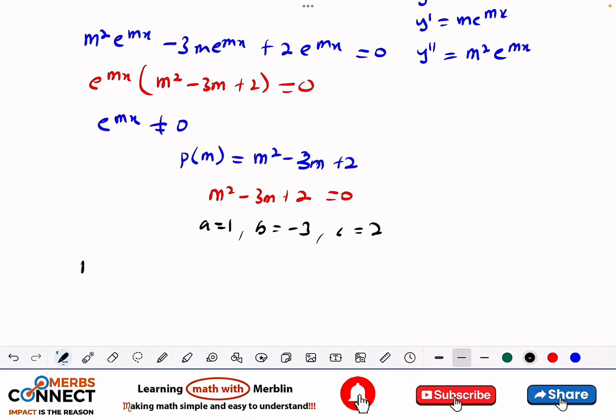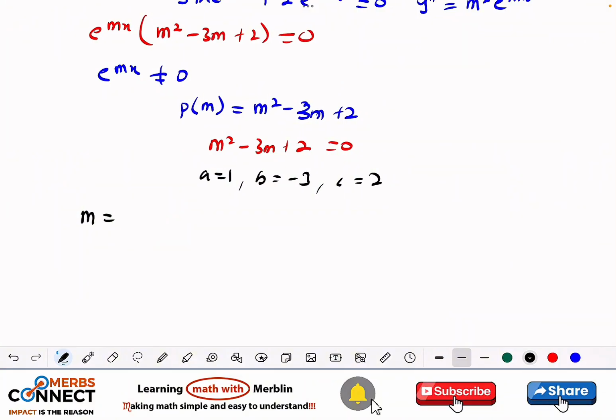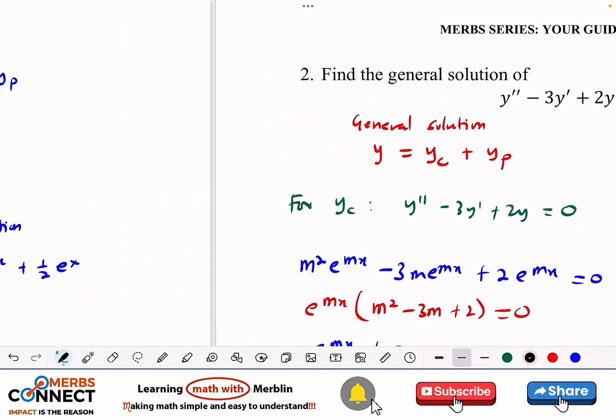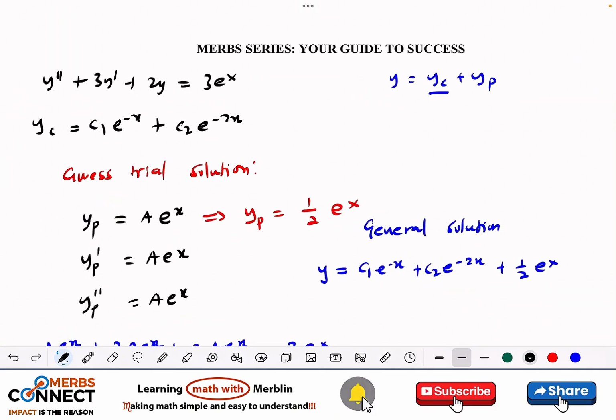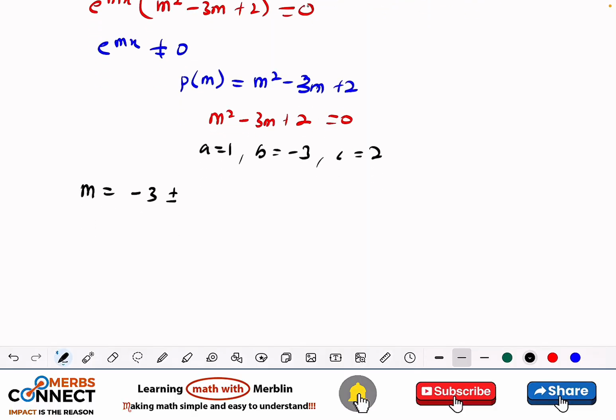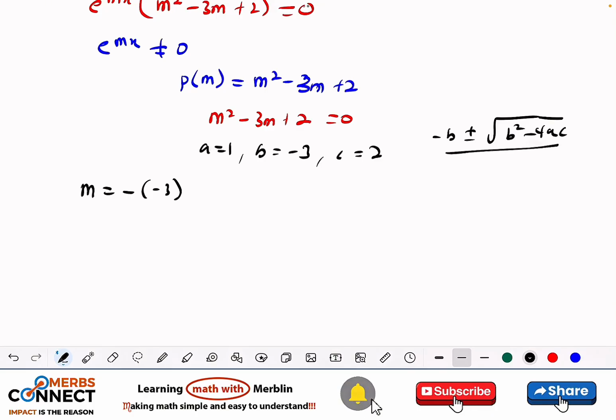So the quadratic formula, I'll just write it straight. This should be minus of minus 3, because the formula goes with minus b. So like this, minus b plus or minus square root of b squared minus 4ac, divided by 2a.